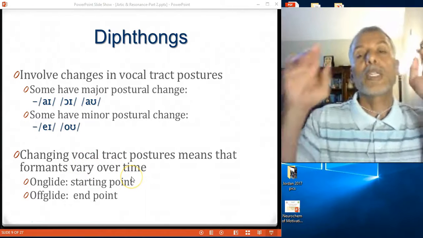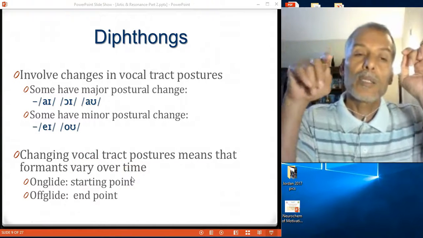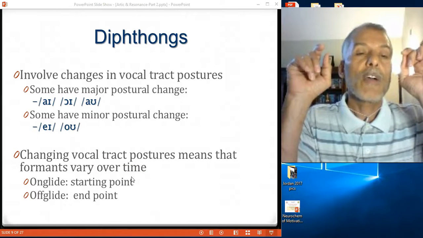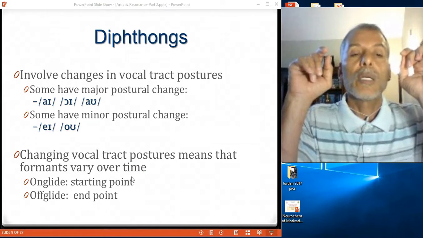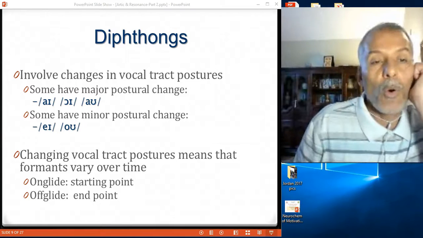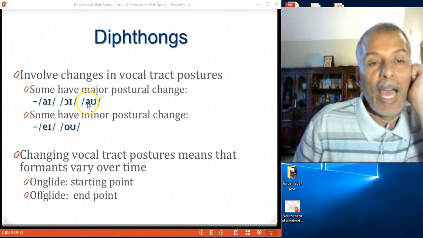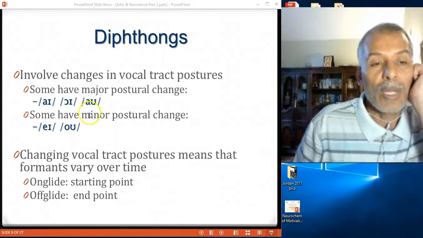So you begin with one and switch into the other midstream. The first vowel usually is the on-glide, and the second, like this, oi. The o here is the on-glide, and the I is the off-glide. Ow, the a here is the on-glide, and o is the off-glide.